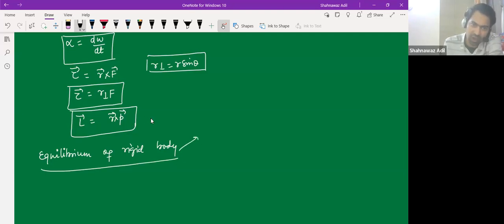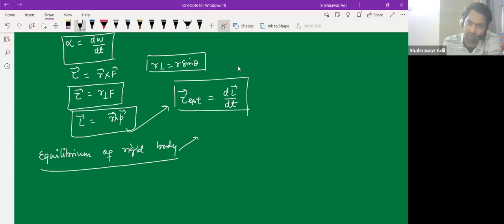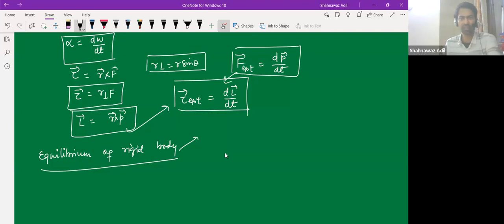Because from this we got that the external torque was dL by dt, as what we got for the case of the linear one. For the linear one, this was F external was dp by dt. So for the case of rotational one, this one was the rotational analog, right? So for the case of equilibrium of a rigid body, we saw two cases.